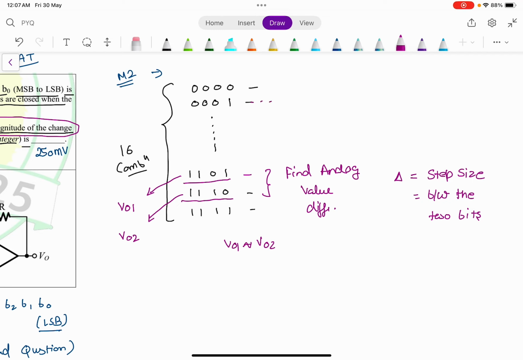So what you can find is the analog value corresponding to bit 1, which is the same as the step size.